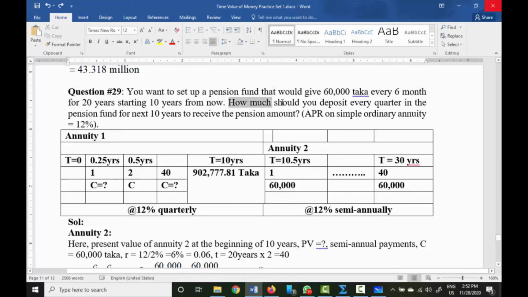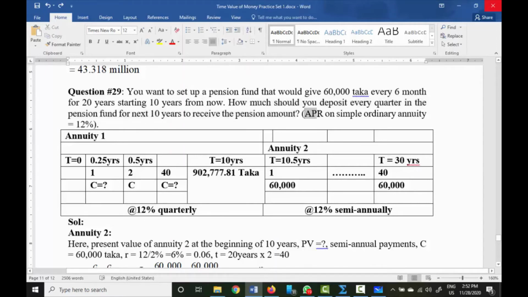Now the question is asking how much should you deposit at the end of every quarter in the pension fund for the next 10 years to receive the pension amount.